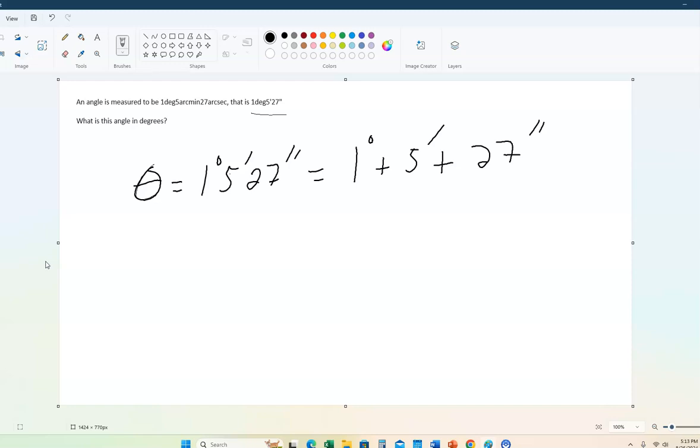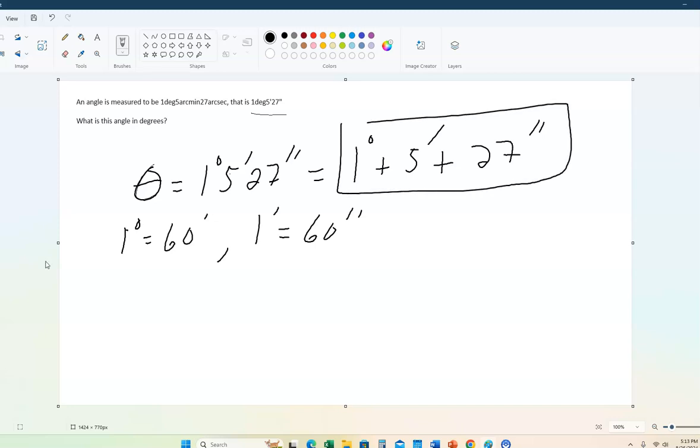We're going to use the conversions, which I should have written down. Sorry, I forgot. Of course, 1 degree is 60 arc minutes, and 1 arc minute is 60 arc seconds. Now I'm going to convert these and add them up in degrees, because this asks what the angle is in degrees.